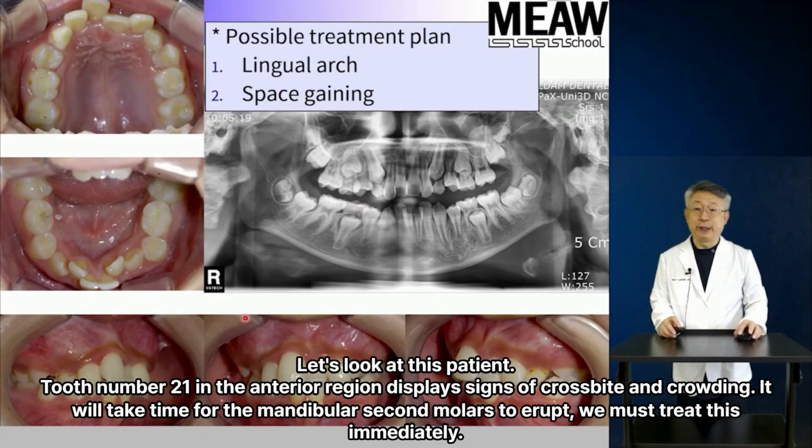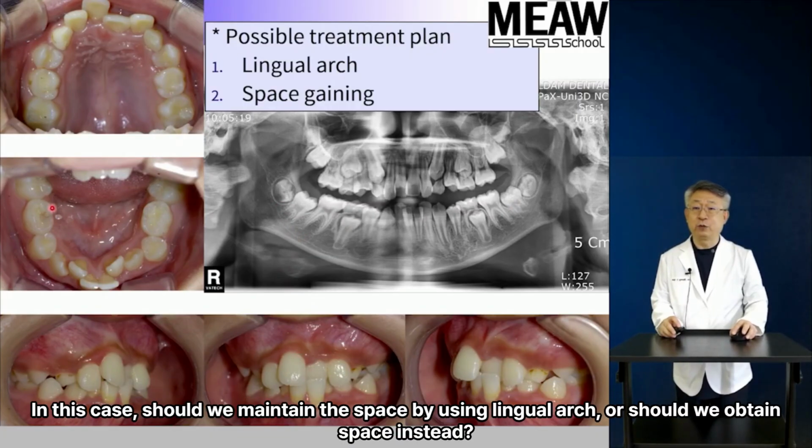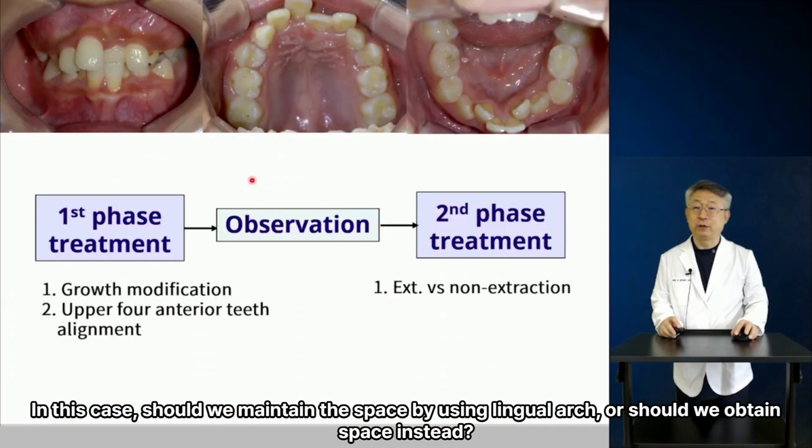Tooth number 21 in the anterior region displays signs of crossbite and crowding. It will take time for the mandibular second molars to erupt. We must treat this immediately. In this case, should we maintain the space by using lingual arch, or should we obtain space instead?